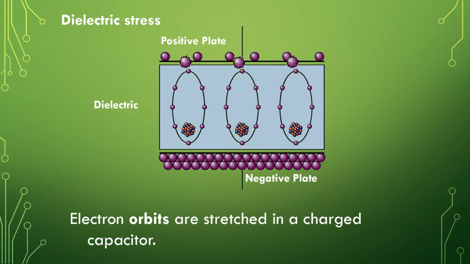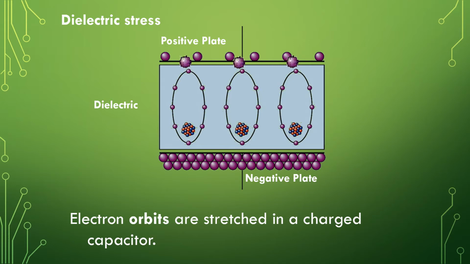If there is enough charge difference or voltage placed on the capacitor, we can actually rip the electrons off of their atoms in the dielectric, at which point the dielectric will no longer be an insulator, it will become a conductor. This usually destroys the capacitor.